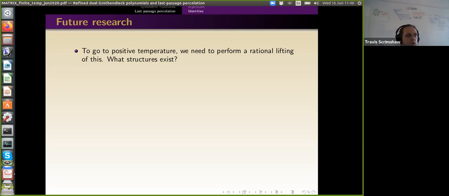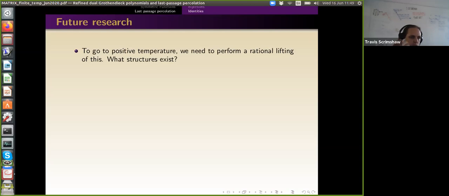I don't know anything about how to talk about the positive temperature version of this, which from what I've been told means instead of the last passage percolation, instead of taking the maximum, we're summing over everything and taking the products of the weights. In other words, we're taking a rational lifting of a tropical object, at least that's what it would be in my terminology.